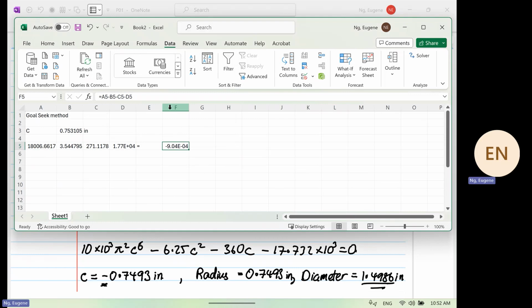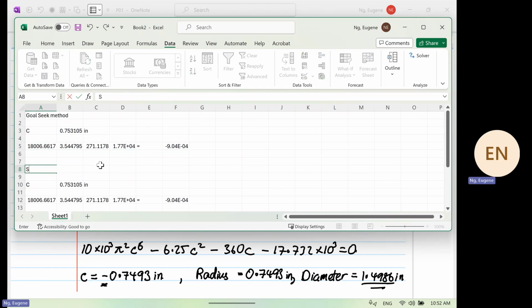Ladies and gentlemen, I don't know why it worked. It should not. But can you see the values are different? Did I enter the expression correctly? I did. But can you see what the answer is now?